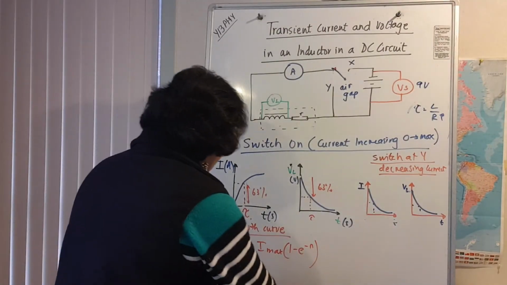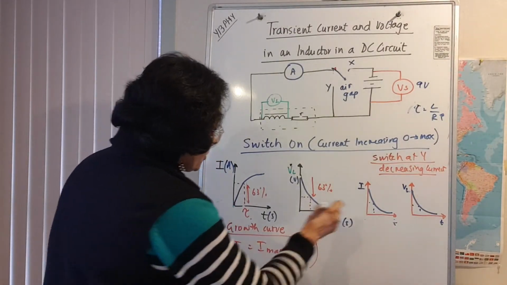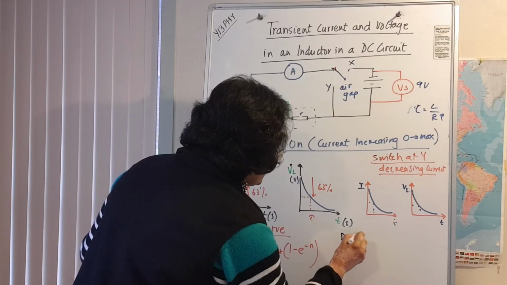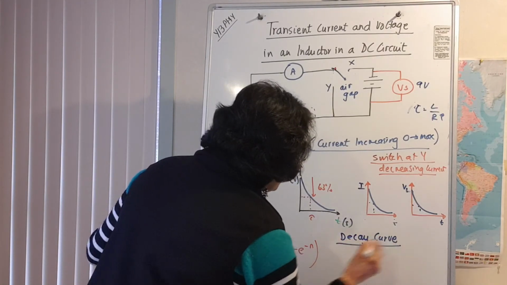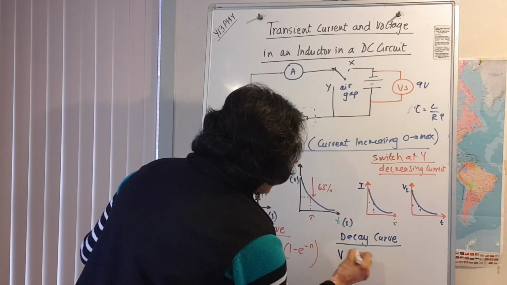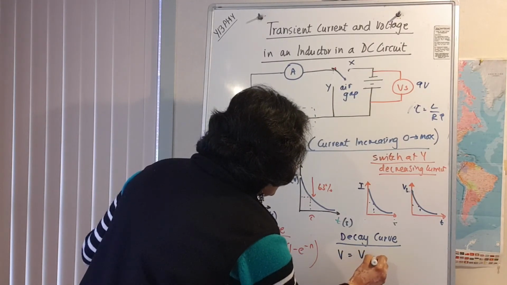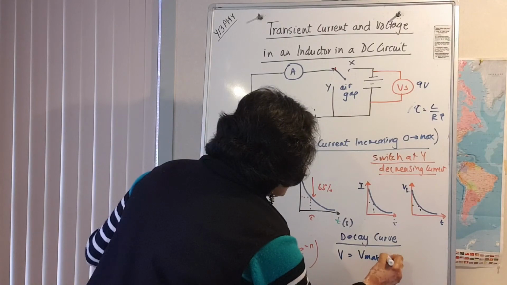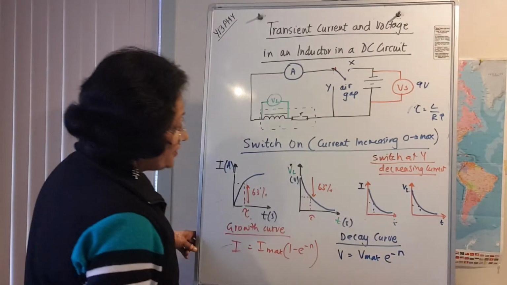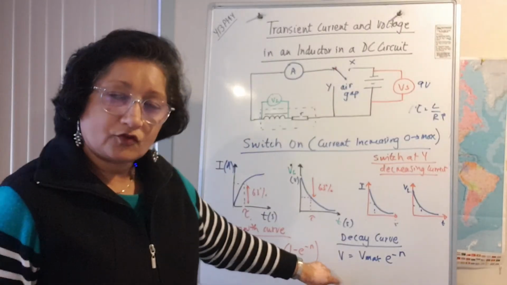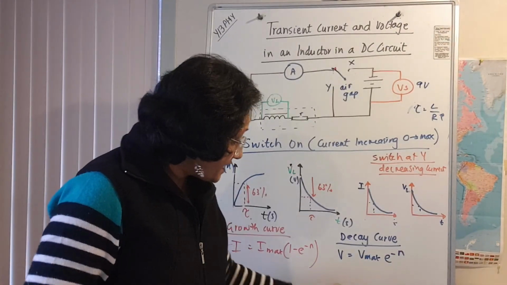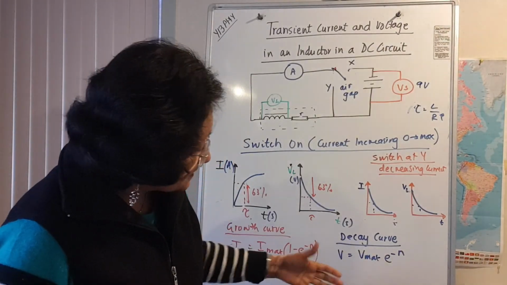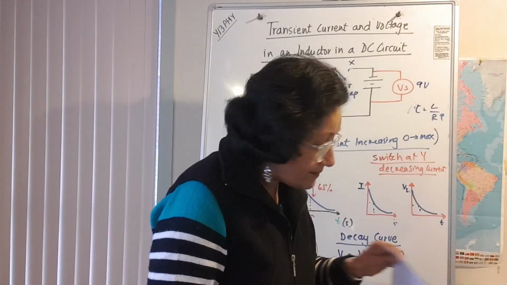That's for your growth curve. All the others are decay curves. For your decay curve, this can apply to either current or voltage. So if it was voltage, it's V equals V max, and because it's decay, it's e to the power of negative n. So that's the formula that you use to calculate the instantaneous voltage after any particular number of time constants.